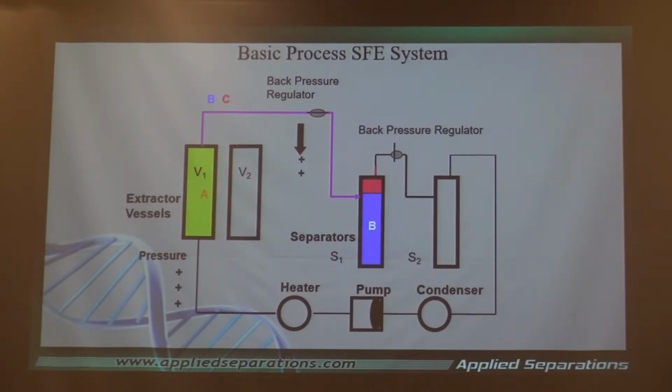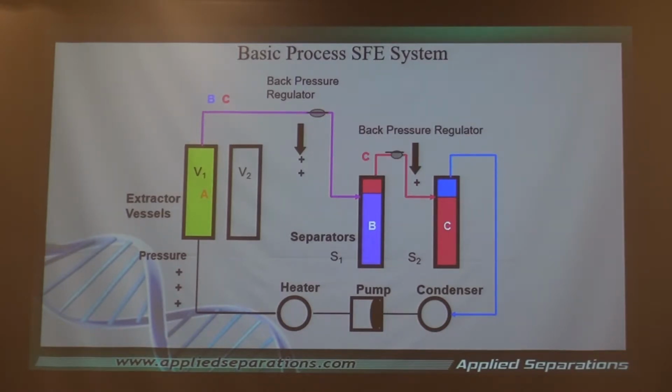However, C is still in solution. We do it again, reduce the pressure, and this time, C is no longer soluble. We can do this, as Dr. Mukhtar pointed out, by having numerous separators for different conditions.